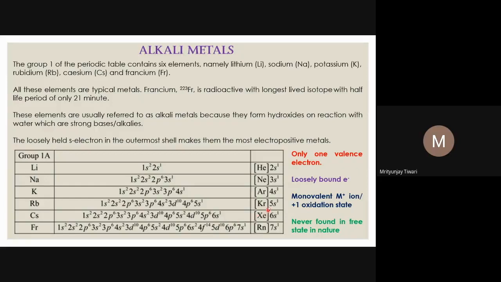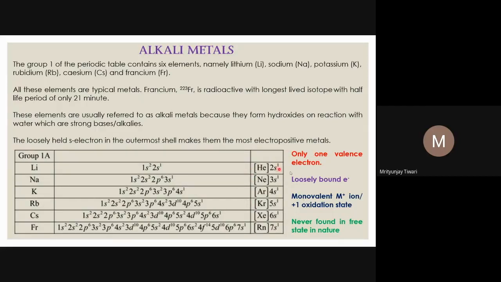And with francium, we go up to the electronic configuration of radon and then 7s1. So what we get is a similar electronic configuration for all these metals: the electronic configuration of one noble gas and one s electron in the outermost shell. This is what we get for all the alkali metals.